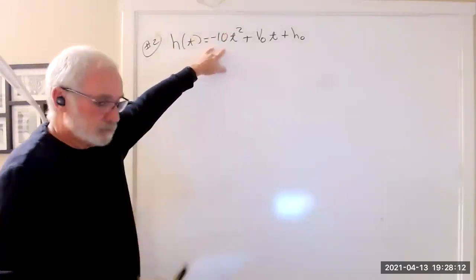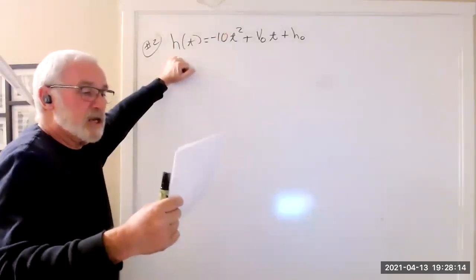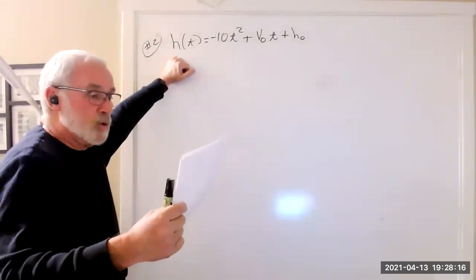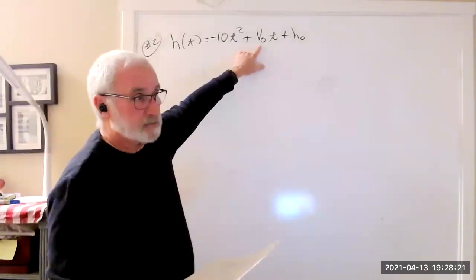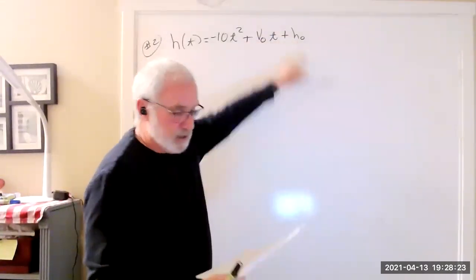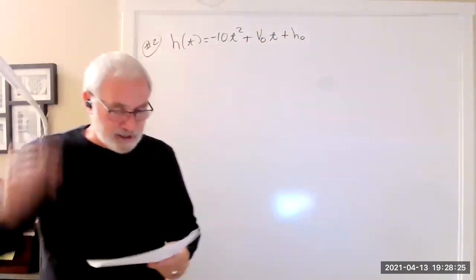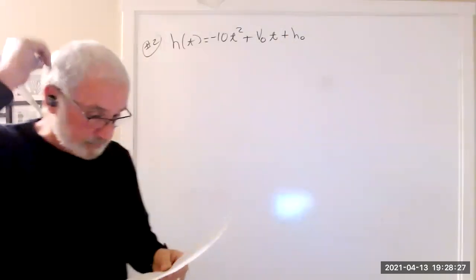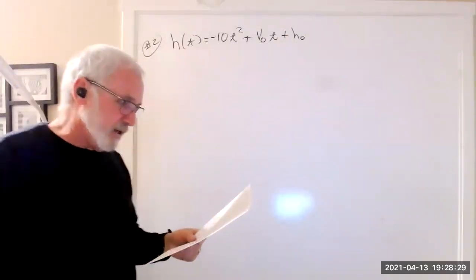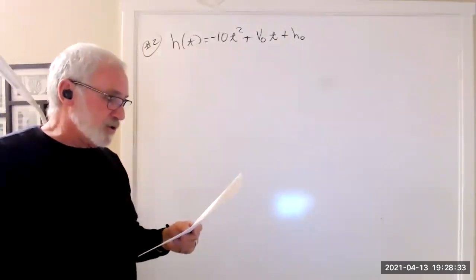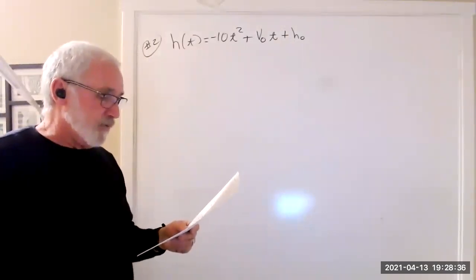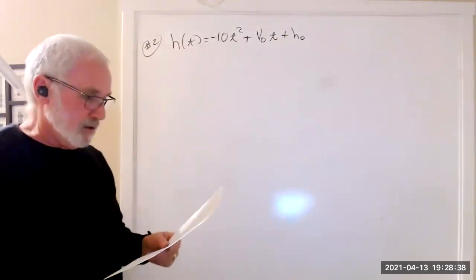Now, let's read this problem again on number 2, because we need to fill in v naught and h naught. It says, on a distant planet in a galaxy far, far away, a princess stands on a hill that is 120 meters above the sea level and throws a stone into the air with a velocity of 40 meters per second.